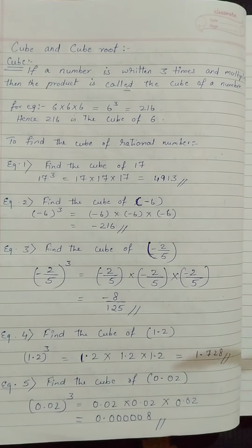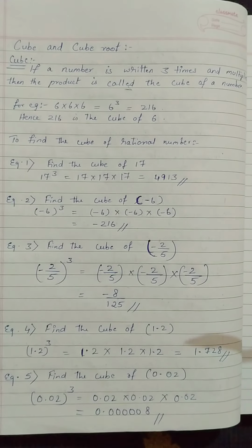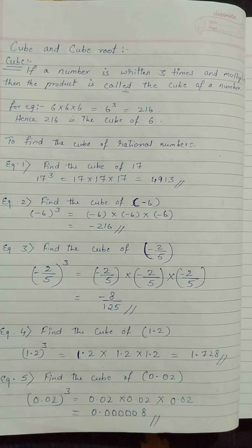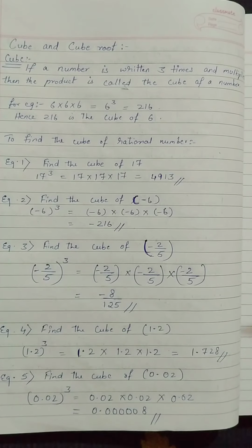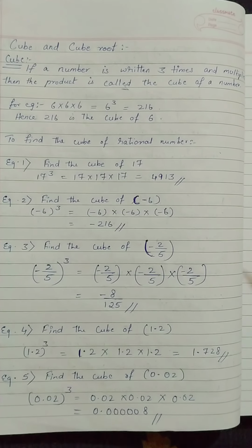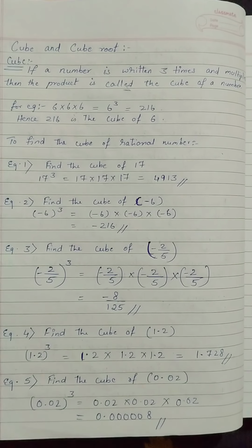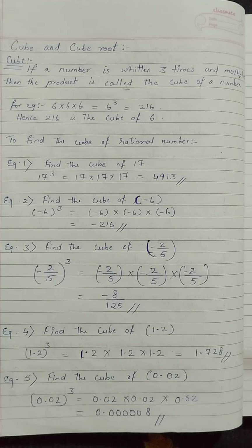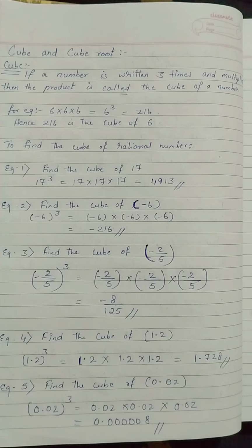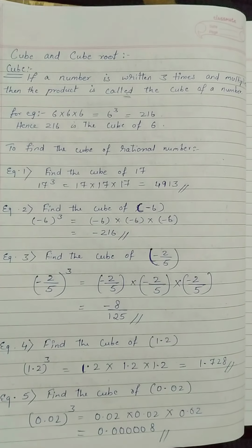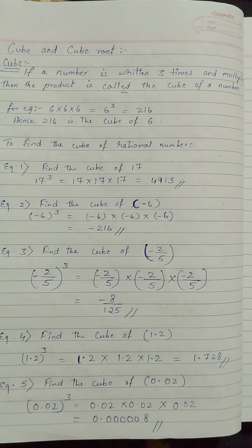So when we multiply 4 into 4, that is a positive number, we will get 16, that is also positive. But when we multiply minus 4 into minus 4, a negative number multiplied by a negative number, we will get a positive number, because minus into minus is plus.